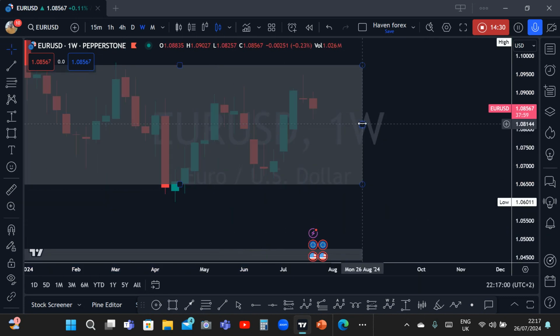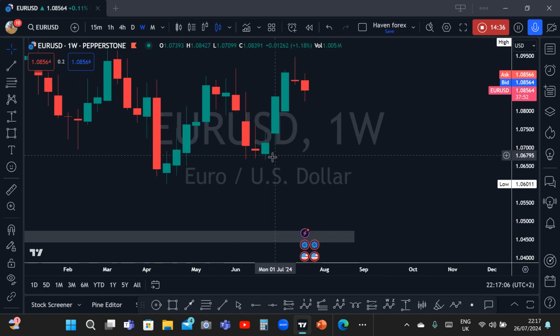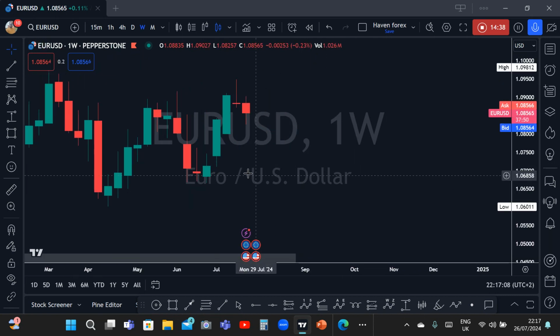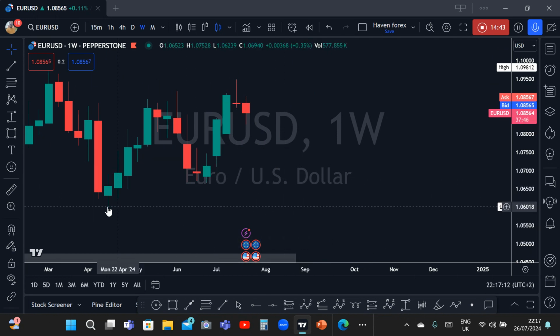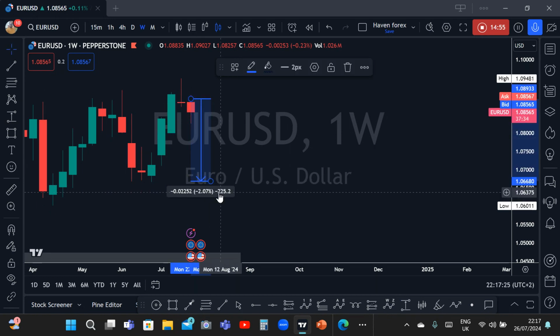So this guy here should break this inner structure. At this point, this is a support level. Price will get here, will react a little, but at the end of the day, it will pass. It will break below this place. But look at it. Let me put this price range. From here to this place, for example, how much? 225 pips.